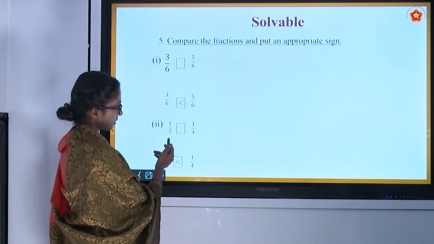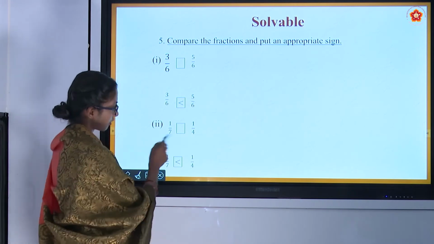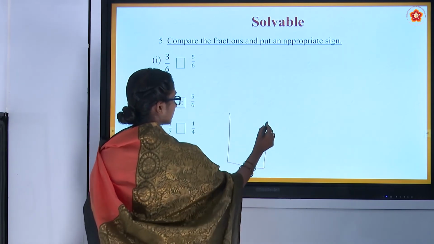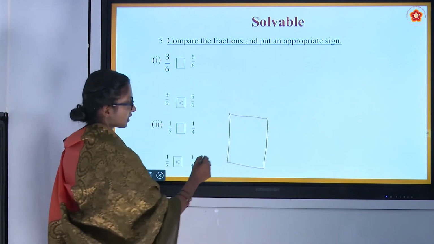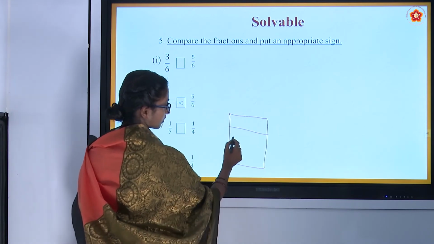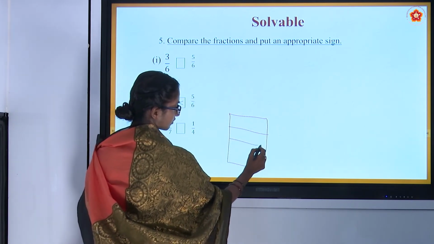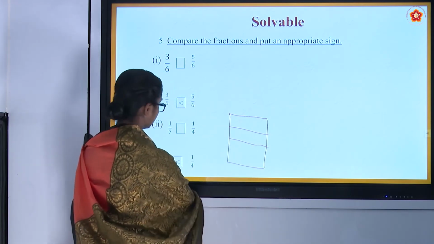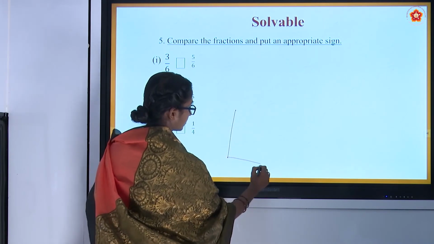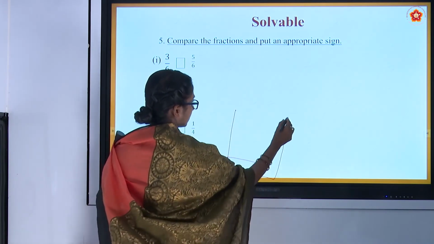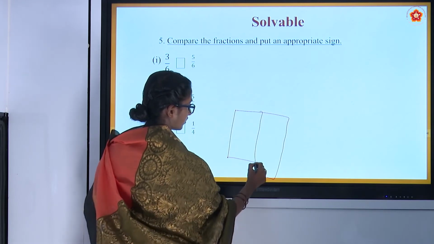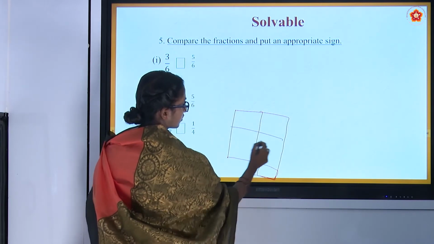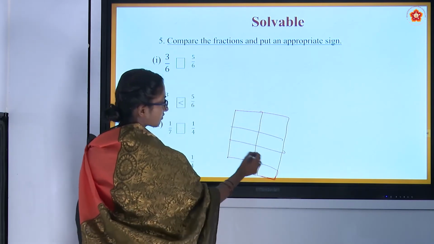Now the second one is 1 by 7 and 1 by 4. Among these two fractions we need to compare them. Let's divide one whole into 7 parts: 1, 2, 3, 4, 5, 6, 7.